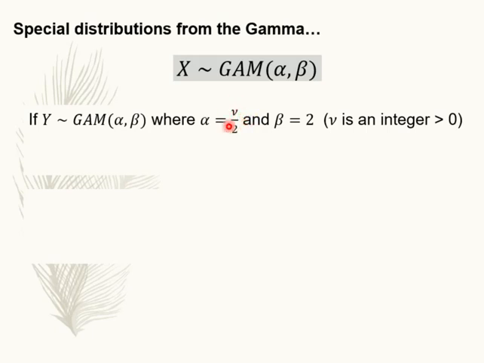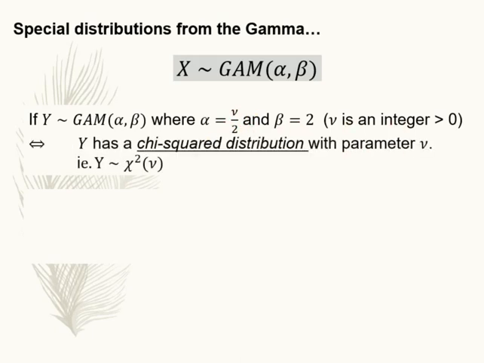If you have alpha equal to nu divided by 2 and beta equal to 2, then the result is what is called a chi-square distribution with parameter nu. So this is how you write chi-squared under the shorthand notation. The chi-squared distribution only takes one parameter. Naturally it's also a skewed distribution, but it's just a special case of the gamma.